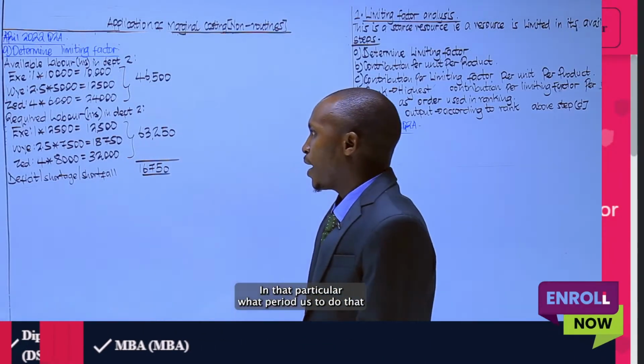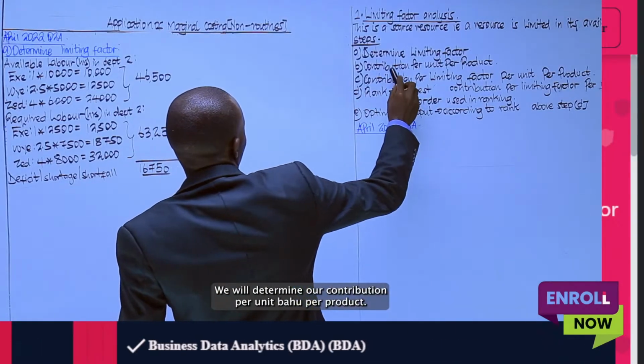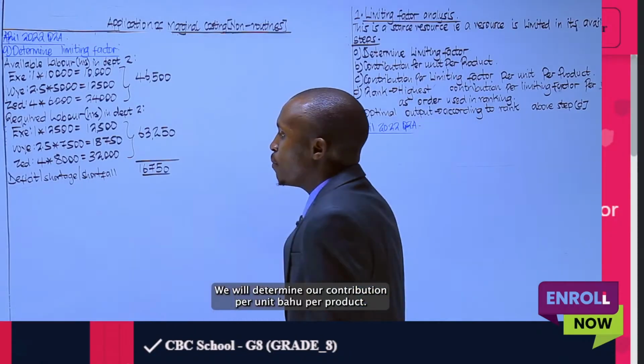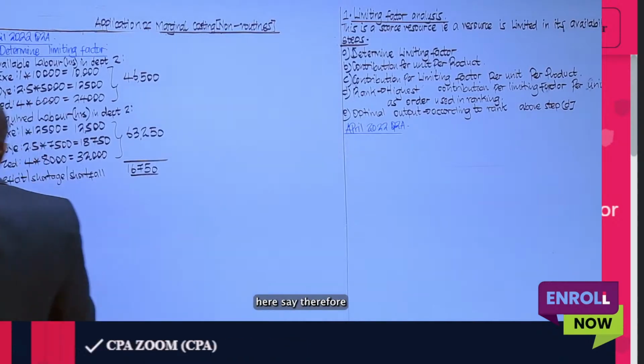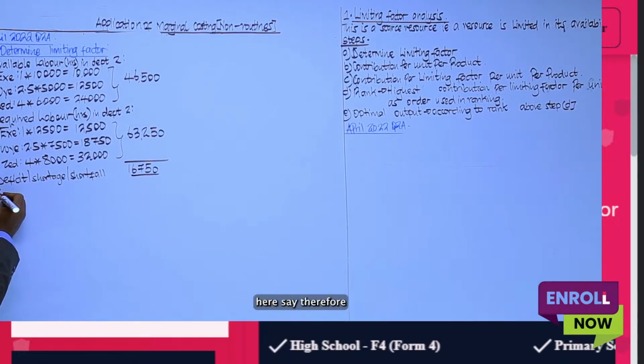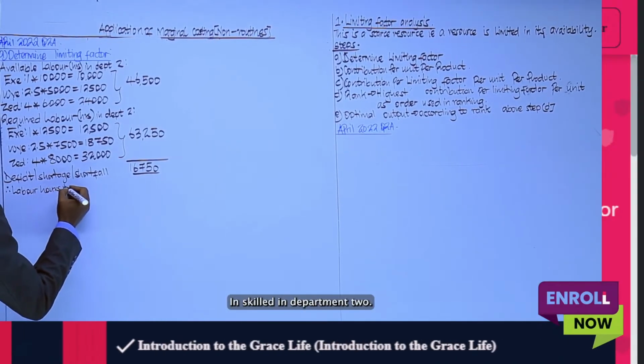For us to do that, now that we've determined our limiting factor, we will determine our contribution per unit per product.